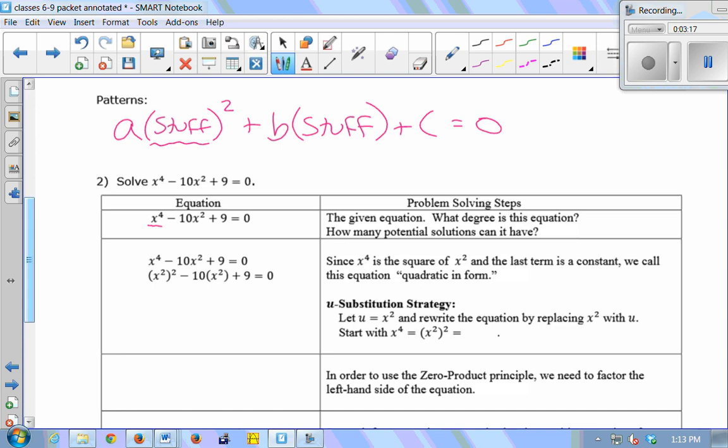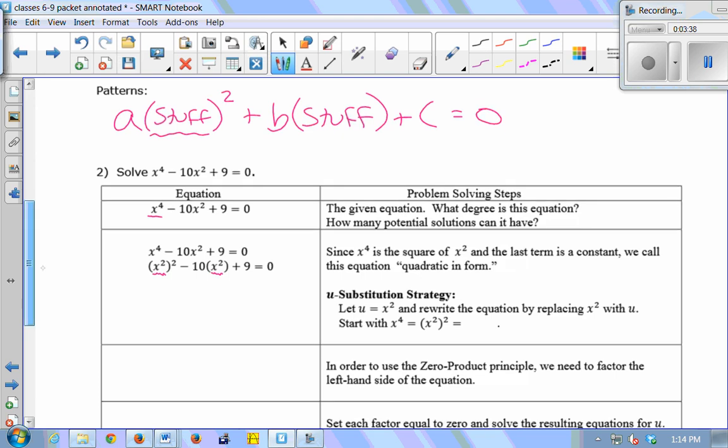X squared, yeah. So I can rewrite x to the fourth as x squared squared. So I have some stuff squared minus 10 times my same stuff plus 9 equals 0.